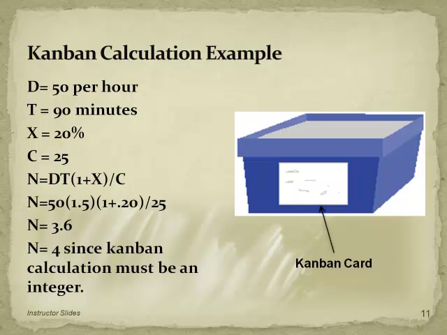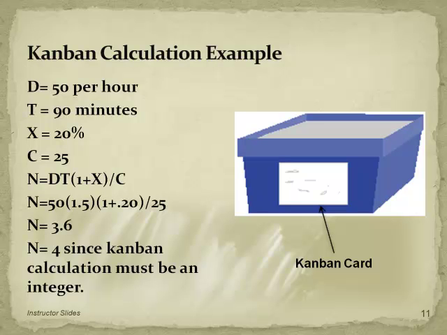In this example, for this particular material, we are going to be consuming 50 units per hour. That is the usage rate. The time to replenish is 90 minutes. So it takes us 90 minutes after we have used all the parts in this container to get a new supply in.